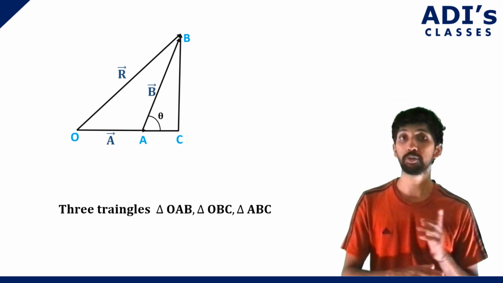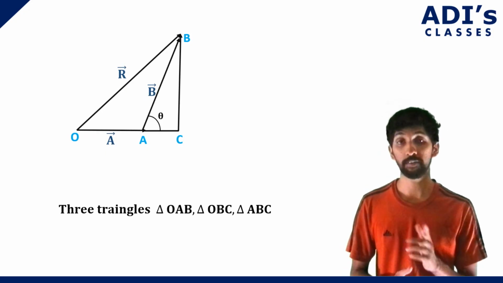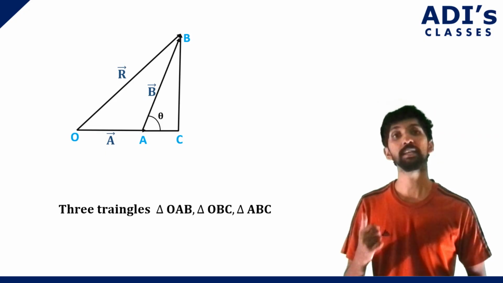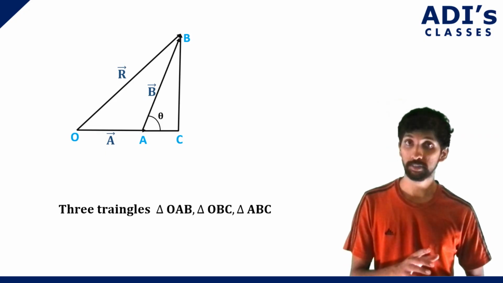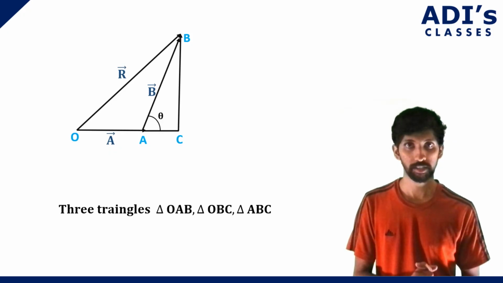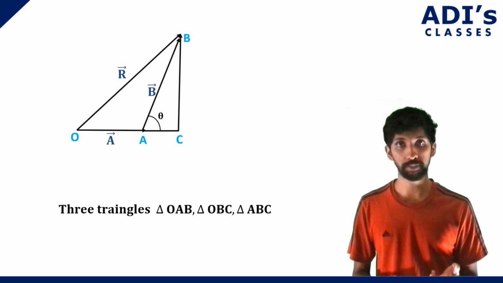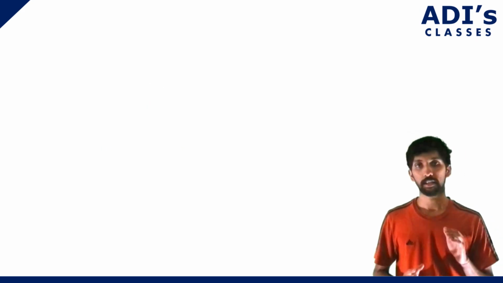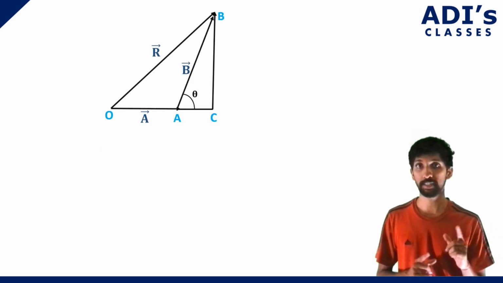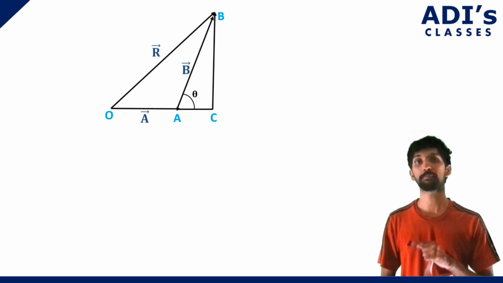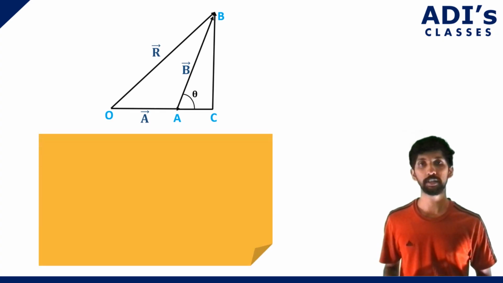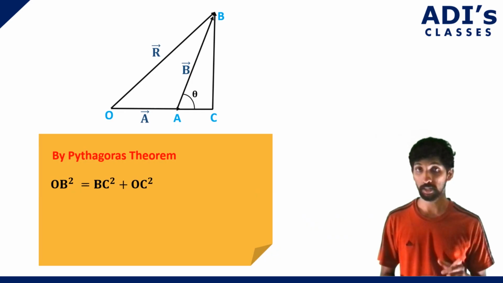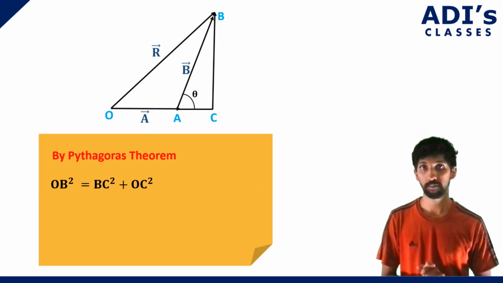Now the angle between the two vectors, what did we consider it as? We consider that as theta, correct? So angle BAC becomes angle theta, and BC is the perpendicular. Now let's start with the derivation. The resultant is basically OB. Using the Pythagoras theorem, OB square is equal to BC square plus OC square, right?